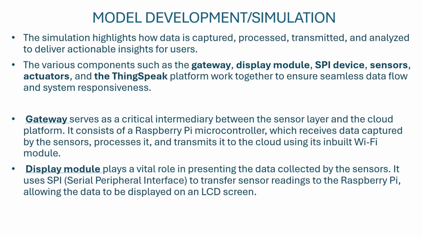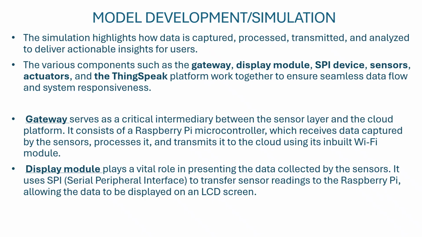The explanation of the components of simulation model of IoT-enabled smart agriculture system are as follows, as I have discussed them before too. Number one is gateway. It serves as a main component between the sensor layer and the cloud platform. It has a Raspberry Pi microcontroller.